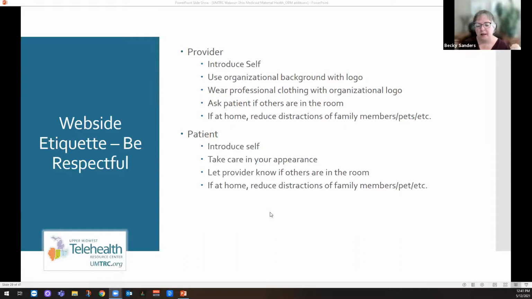I've got a clean background. Let me go ahead and show you. I've got it blurred today. I like that video setting in Zoom, and Teams has it as well. But I could have my normal background up because I've taken time to make a pretty background and put my logo.